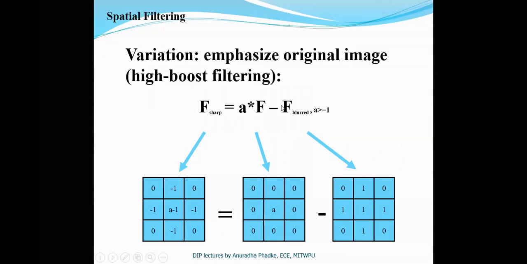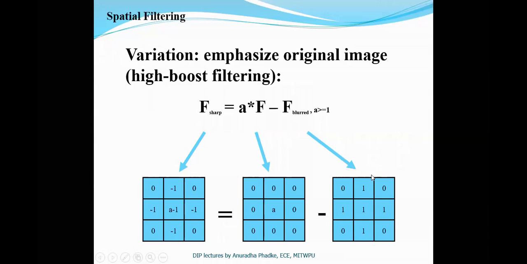Now we can obtain the blurred version by an averaging filter. So this is also an example of a weighted average filter or averaging filter, because if you look at the coefficient values, all of them are 1. Okay, so it is as if we are taking the average over this 4 neighborhood.